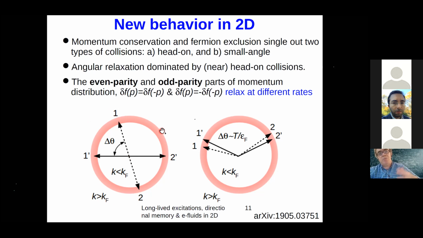If you want to make it more precise, think about the distribution function and decompose it into the even parity and the odd parity parts in momentum. Take the distribution function which describes the deviation from the equilibrium state on the Fermi surface, and introduce the even and odd components.